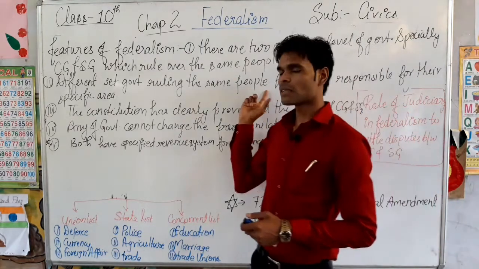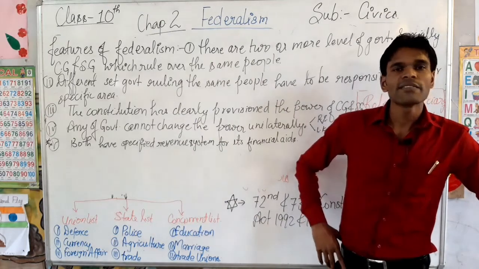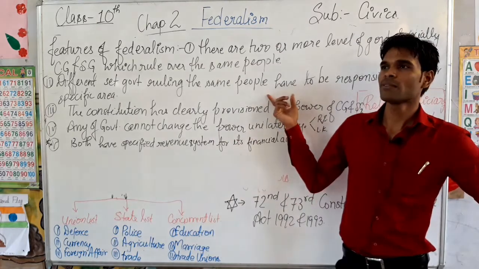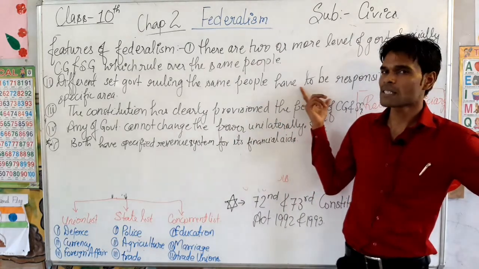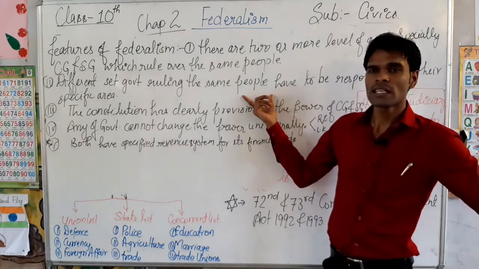It means in federalism, the areas of the different governments are specified, and they have to administer their specific areas. Even then, they have to rule over the same people.